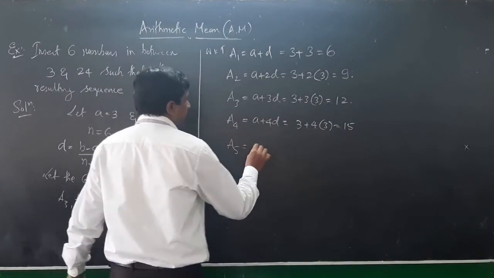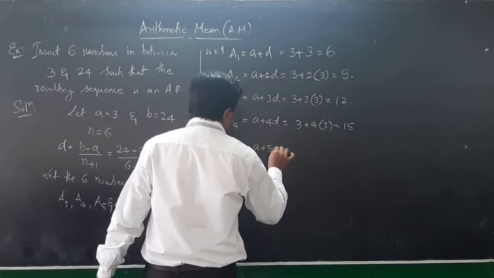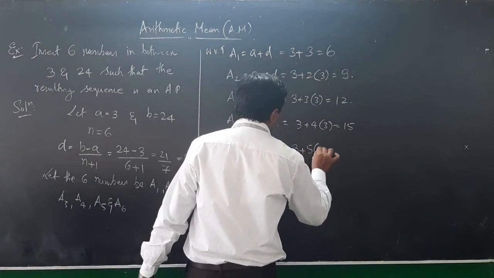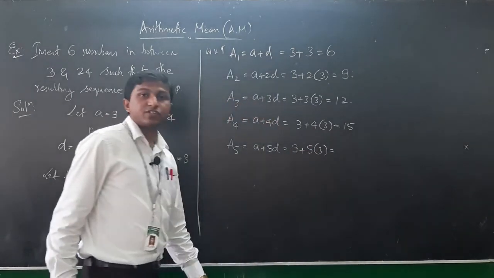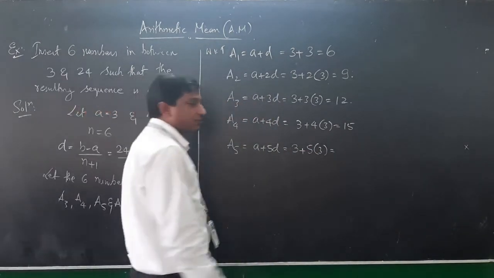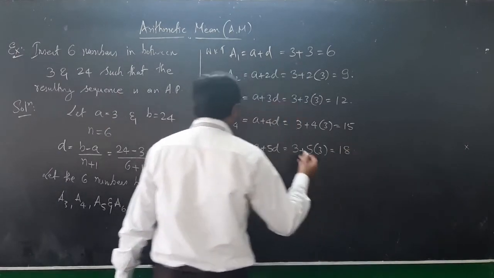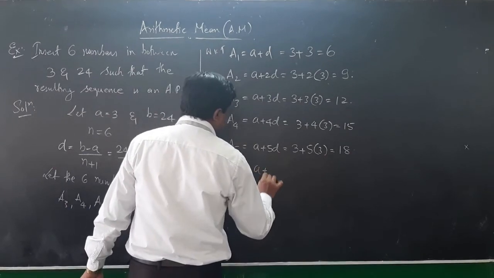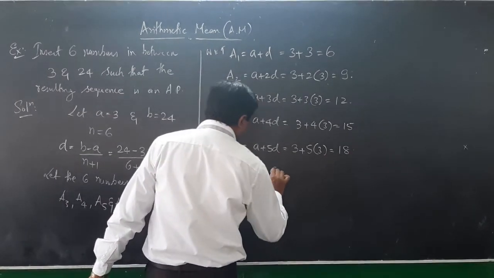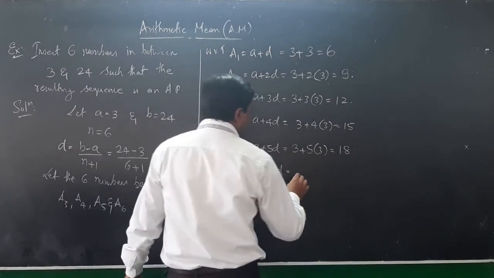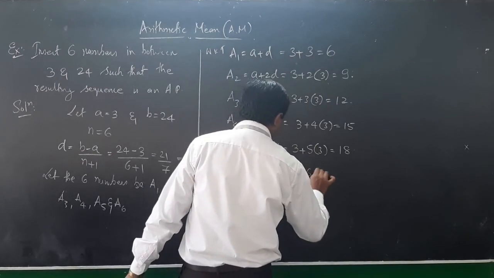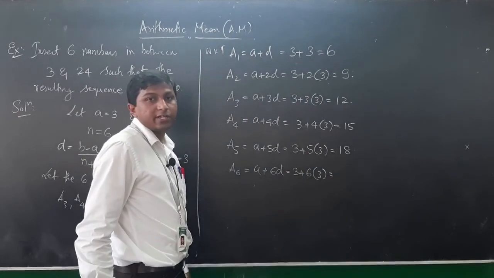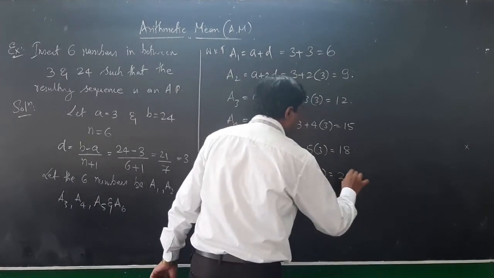What is a5? a plus 5 into d, that is 3 plus 5 into 3. 5 3s are 15. 15 plus 3, 18. And the sixth number, a6 equals a plus 6d, which is 3 plus 6 into 3. 6 3s are 18. 18 plus 3, 21.